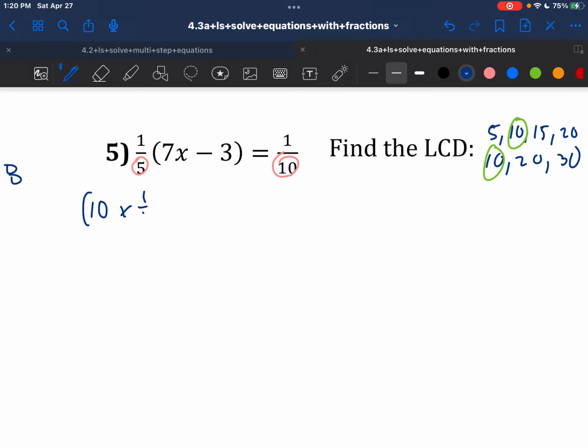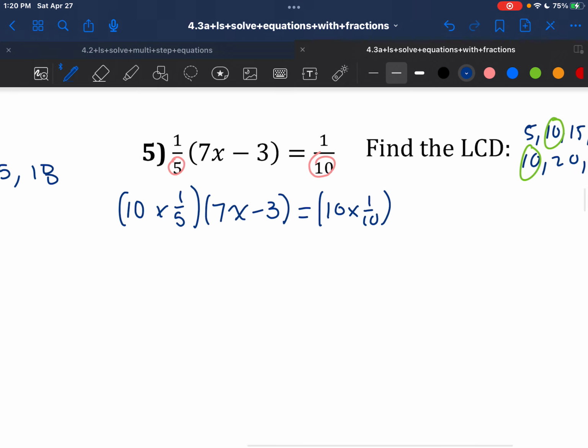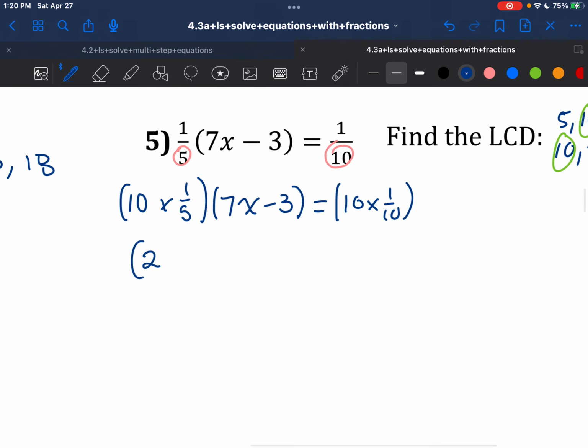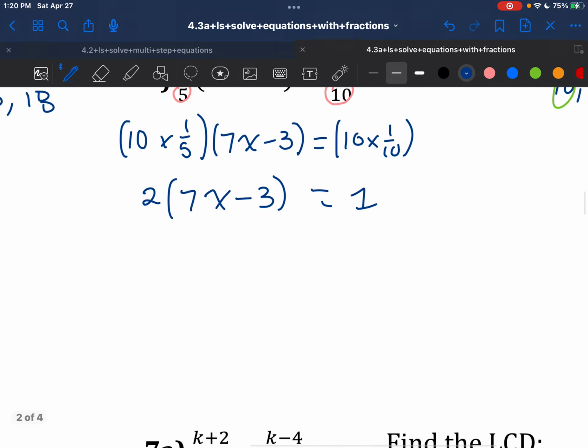So 10 times 1 over 5, 7x minus 3 equals 10 times 1 over 10. So 1 over 5 times 10 is going to be 2. You can put brackets around it, you don't have to. Doesn't really matter. 7x minus 3 equals, and then 10 times 1 divided by 10. So 1 divided by 10 times 10, that's going to be 1.